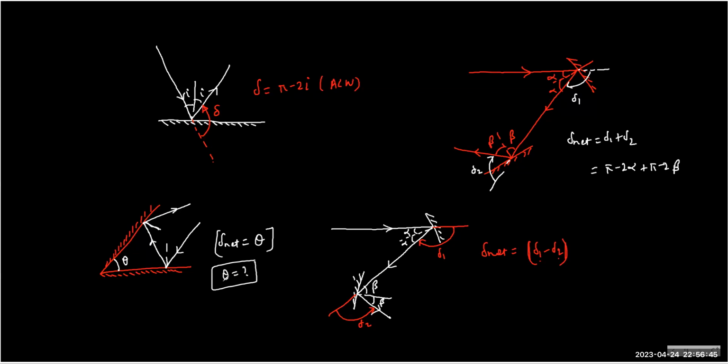Yeah, that's correct. So the answer is 120 degrees. So alpha, alpha, beta, beta. So what is the net deviation here? If you look carefully, this is 90 minus alpha, and the sum of these three is 180.